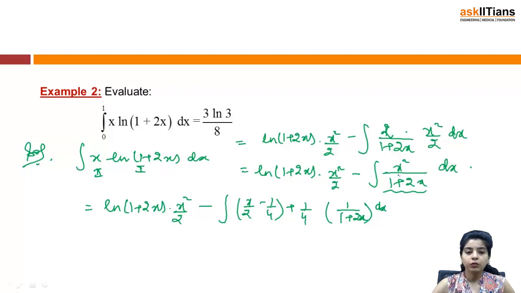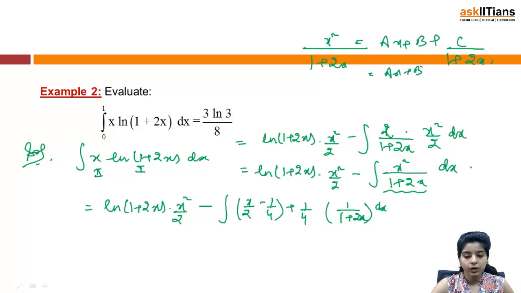How do you solve this? You can put it as ax plus b plus c by (1 plus 2x). Now this will become (ax plus b) into (1 plus 2x) plus c. Now equate the coefficients of x square, x and the constant terms, and you will get the values of a, b and c. So finally you will reach this step, right.